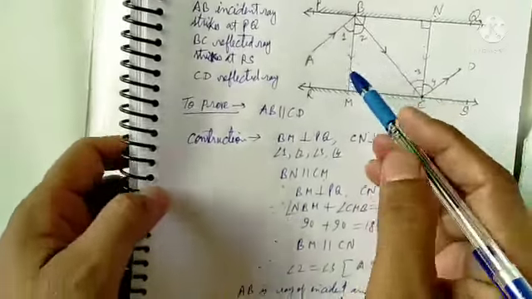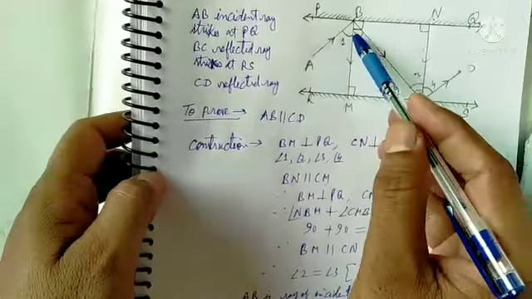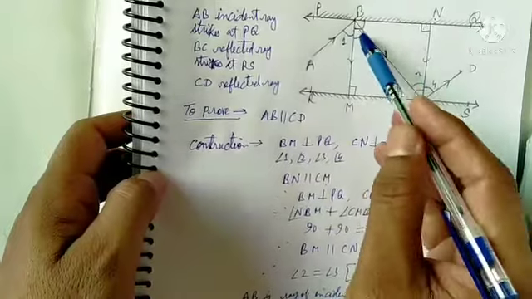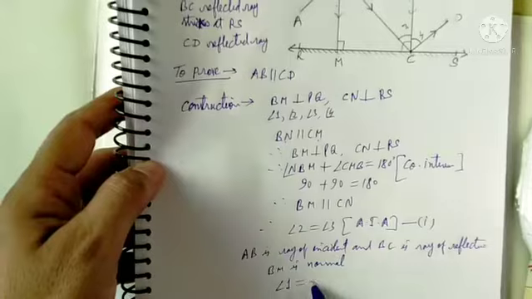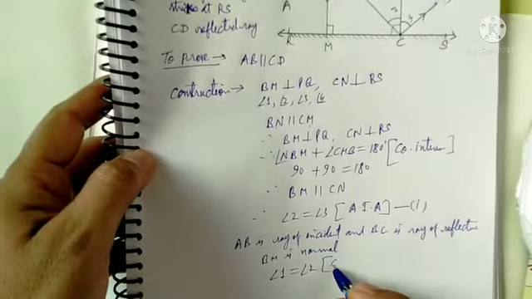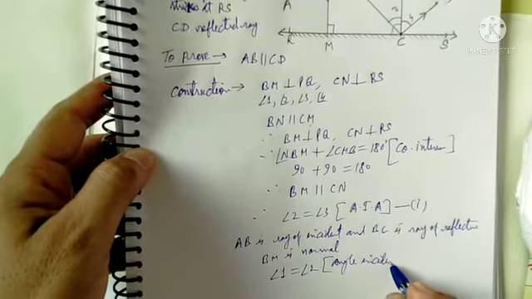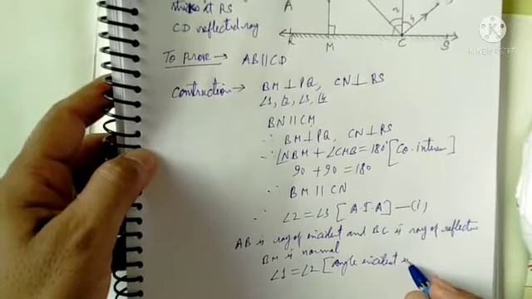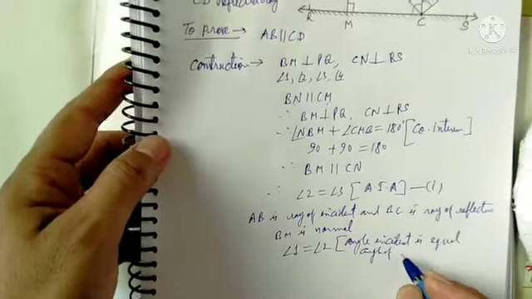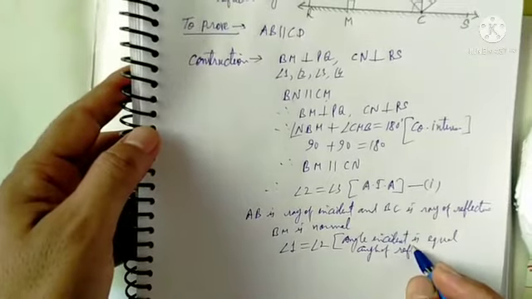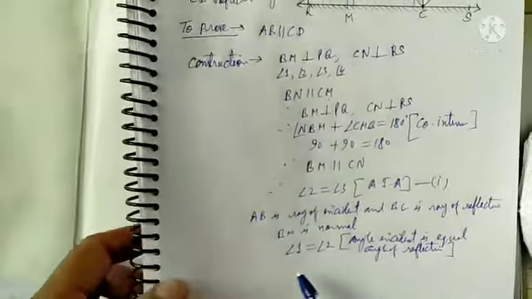So according to the law of physics, the normal, ray of incident and ray of reflection fall in the same plane. And one more rule: angle 1 equals angle 2. Why? Angle of incident is equal to angle of reflection. This is the law of physics. You should revise it in science.